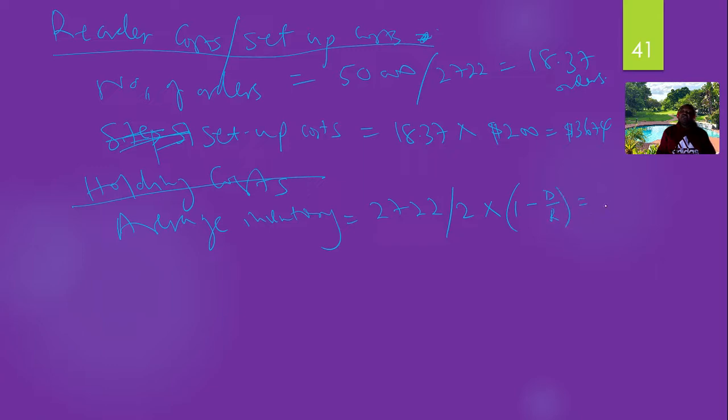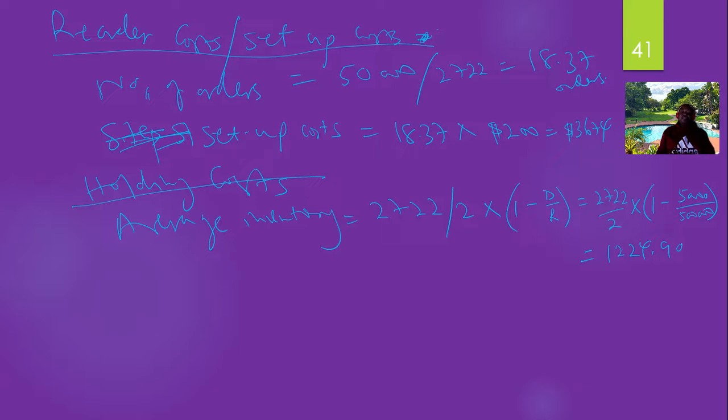So this becomes 2,722 over 2 multiplied by 1 minus our D, which was 50,000, over 500,000. If we use our calculator nicely, we must get 1,224.9. That's the average inventory.